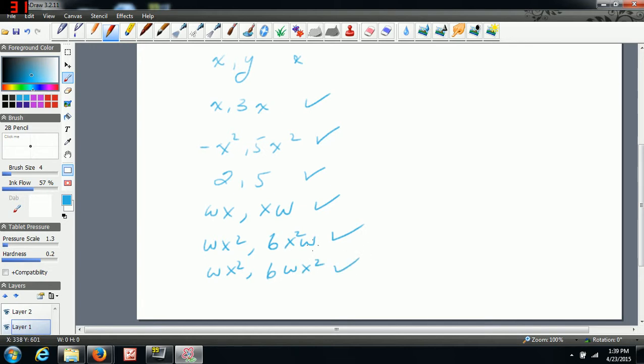So when you have more than one variable, the order in which they're written beside each other doesn't change anything. The only thing that matters is the power of each variable. In this case, both of the x's have a square, and the w's both have a power of 1 since nothing's written over here, okay?